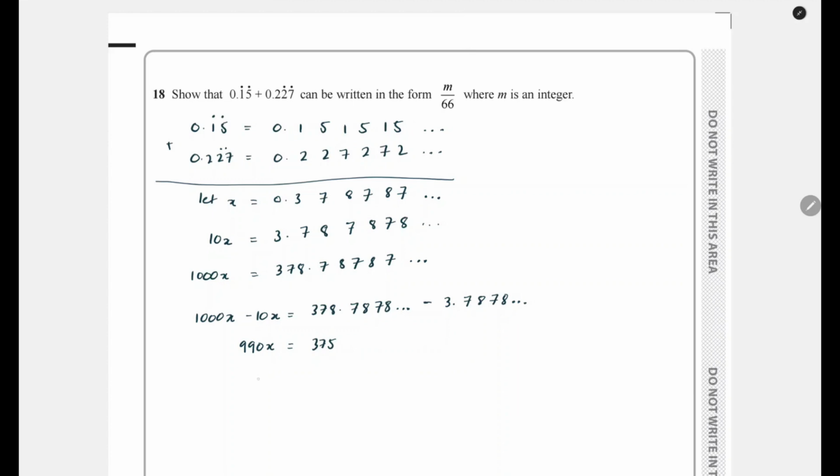And so if you rearrange to make x the subject, we get x is equal to 375 over 990.